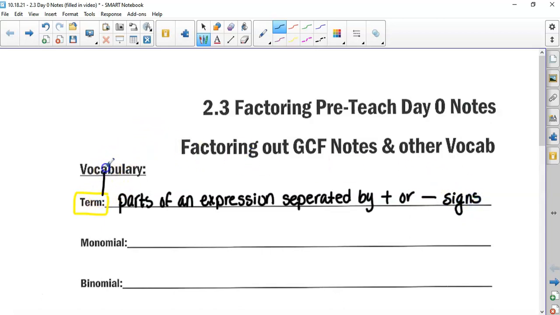So for example, if I had 3x squared minus 5y plus 6 plus 10xy cubed minus 7x, and I asked you, how many terms is this? I would want my brain to focus in on everywhere I see an addition or a subtraction sign, because again, by definition, terms are parts of an expression separated by addition or subtraction signs. So that means we have 1, 2, 3, 4, 5 terms total here.